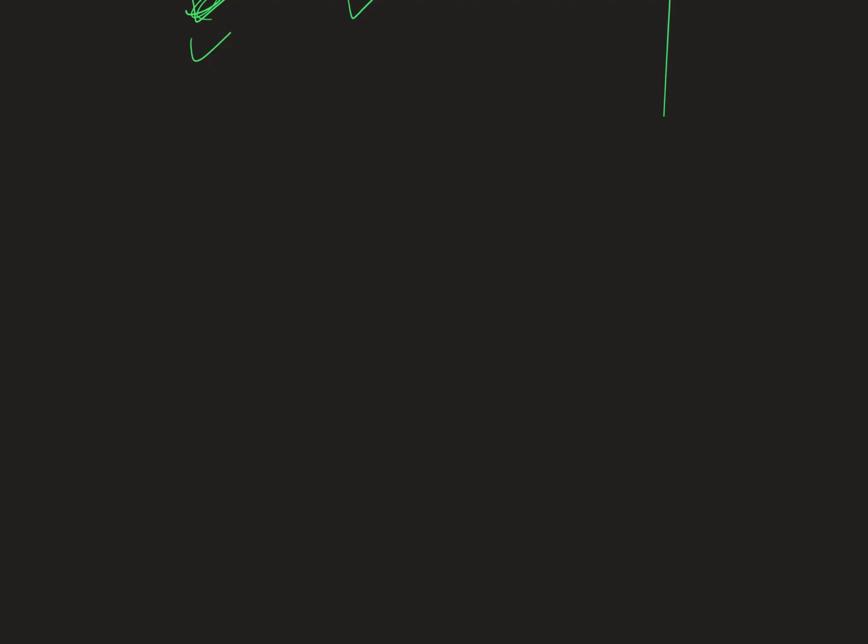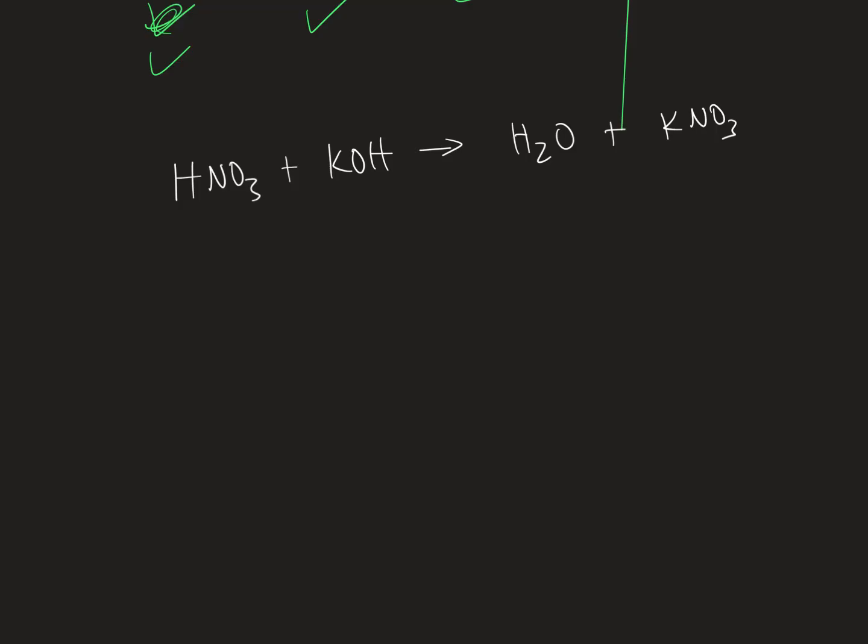So it says what volume, in fact, I'm going to write the equation first. HNO3 plus potassium hydroxide gives us H2O plus potassium nitrate. What kind of reaction is this, guys? Acid base. Okay?